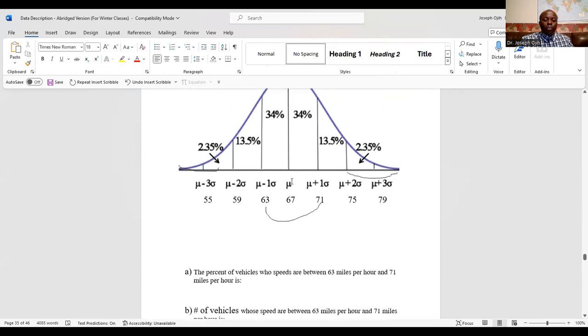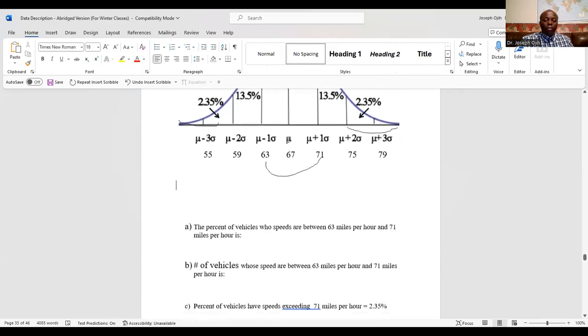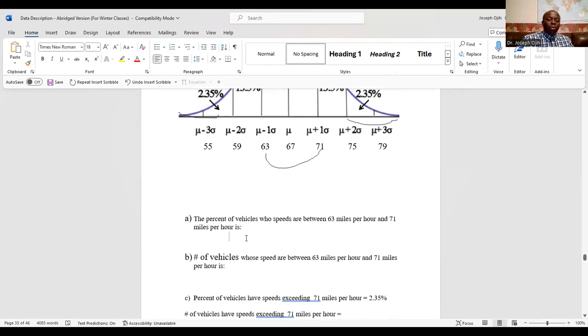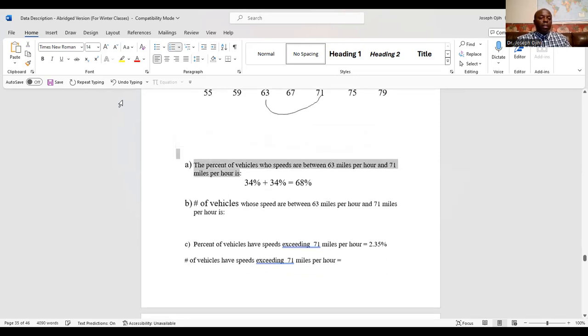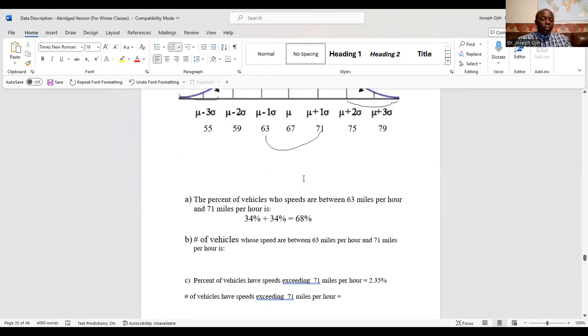That is very simple. You can see it's 34 and 34. So the answer will be 34% plus 34%. That gives us 68%. So the percent of vehicles whose speed is between 63 miles per hour and 71 miles per hour is 68%. Okay.